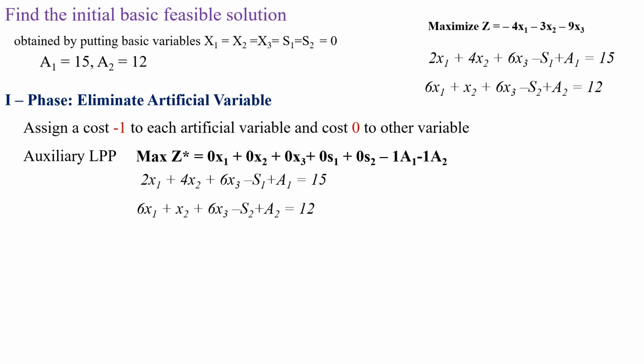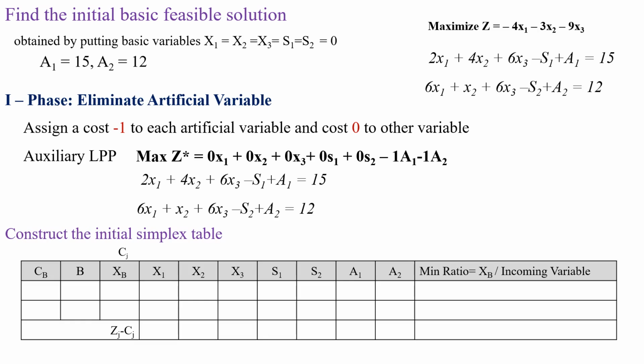And the constraints are 2x1 + 4x2 + 6x3 - S1 + A1 = 15, and 6x1 + x2 + 6x3 - S2 + A2 = 12. Next we have to construct the initial simplex table.